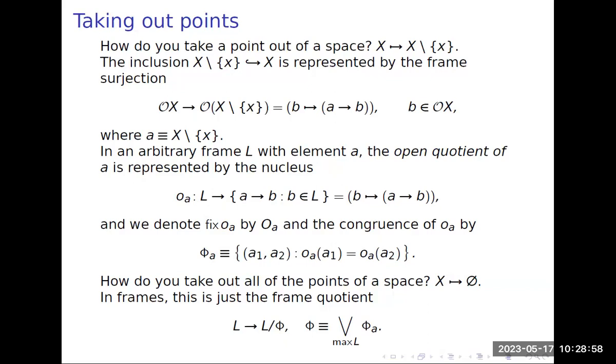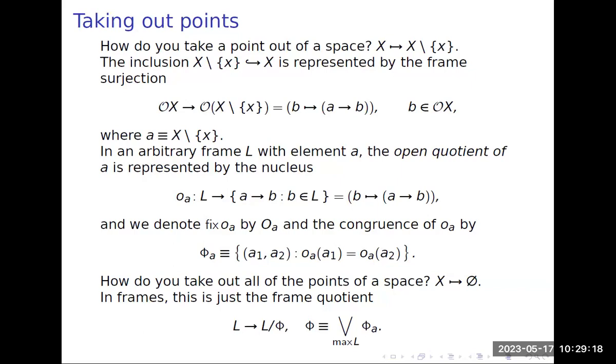the fixed point set. Of primary interest for our purposes will be the congruence. I'll use capital phi sub A for the congruence associated with that open quotient. Again, it's the set of all pairs which are identified by the nucleus.